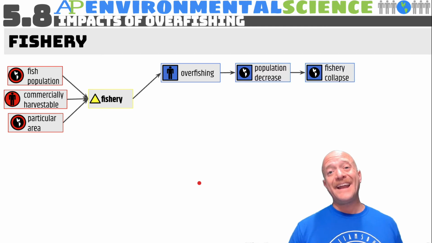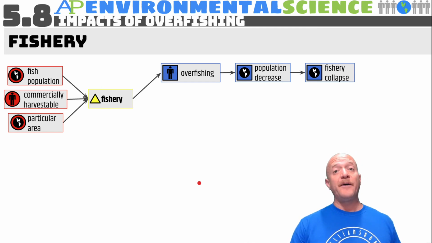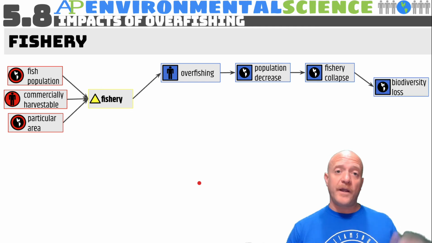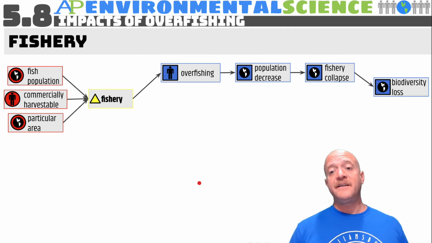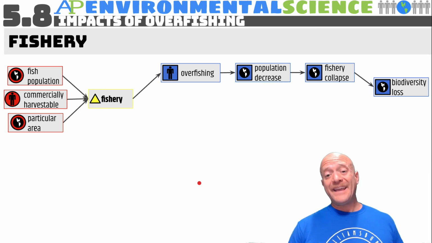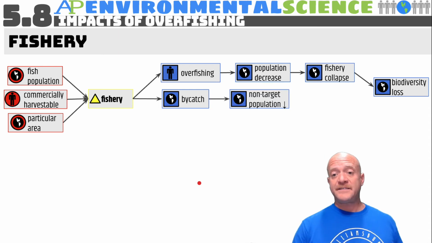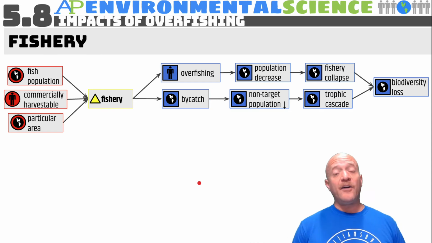And this is when 90% of the fish have been taken by humans. This leads to biodiversity loss because other organisms rely upon these fish, so it can impact the food webs. Bycatch is a problem because the non-target populations will decrease, which leads to a trophic cascade as well, also contributing to this biodiversity loss.